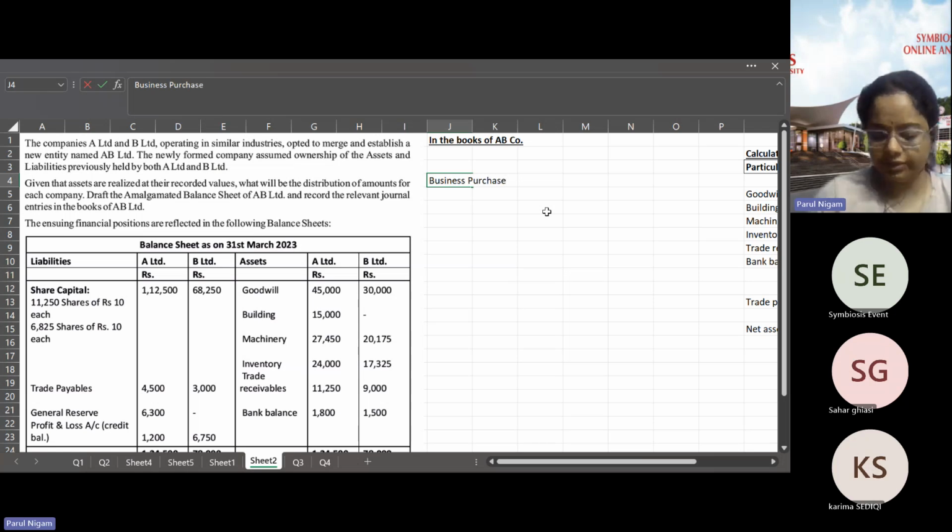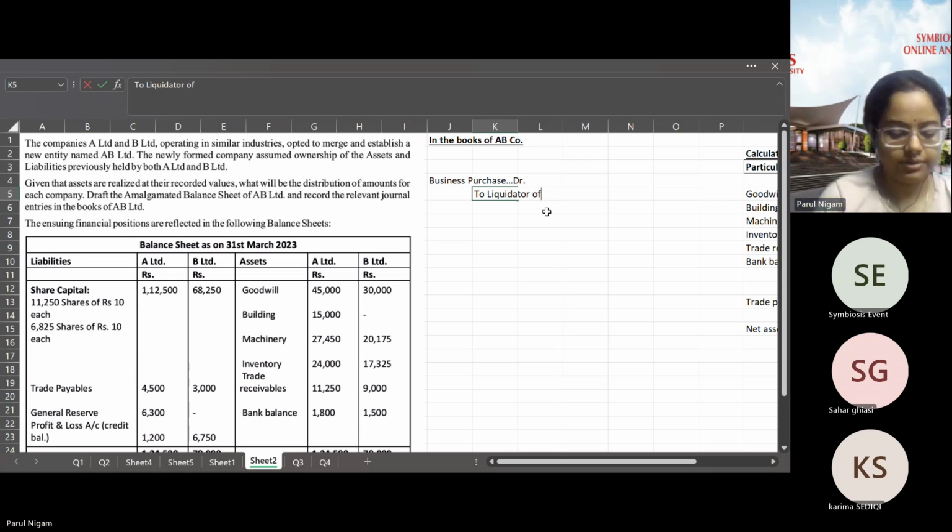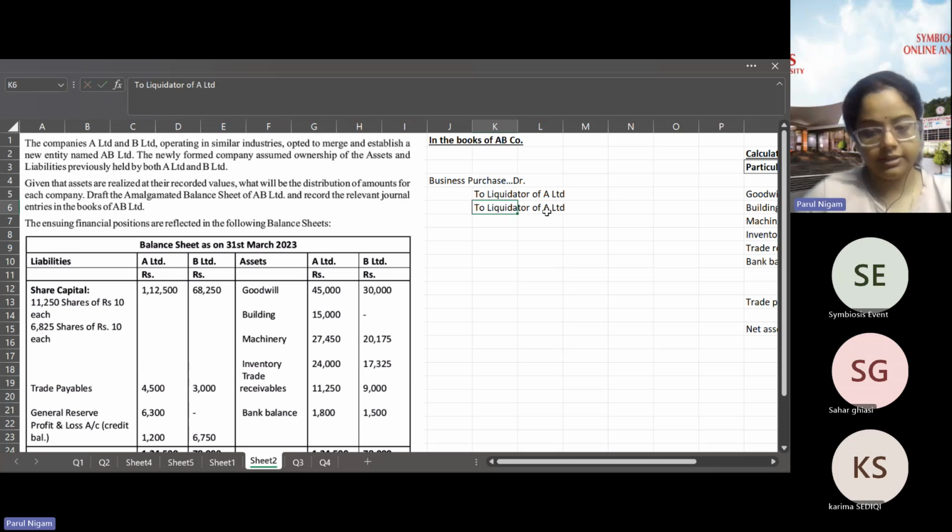If you're purchasing, you have to debit it. Business purchase to liquidator of A Limited, and similarly liquidator of B Limited, because two companies are there. How much are you going to pay to the liquidator of A Limited?